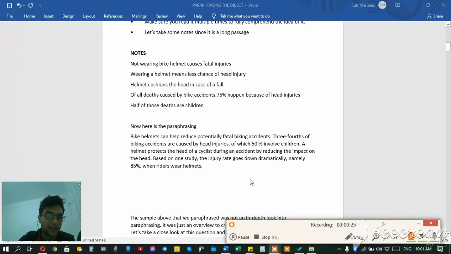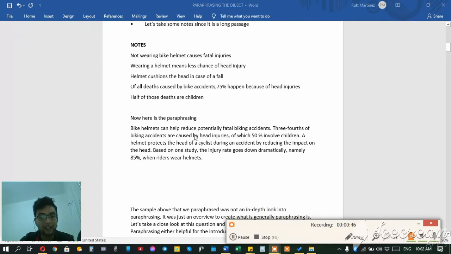You read the text and you write in your own words, but you have to keep the meaning the same. In IELTS, the sentences are supposed to follow each other, but in TOEFL, it's not like that. In TOEFL, you can change the order of the sentences, but you must explain the idea in your own words. So bike helmets can help reduce potentially fatal biking accidents.